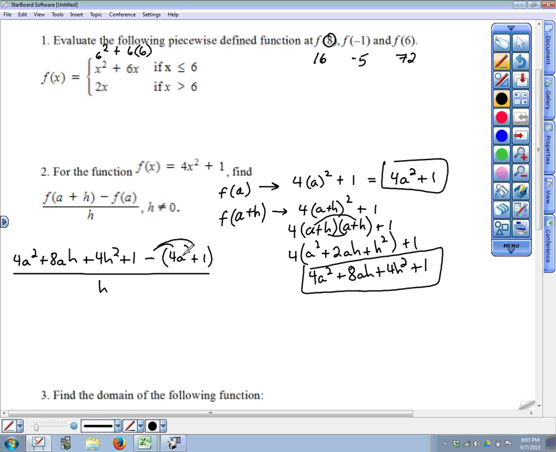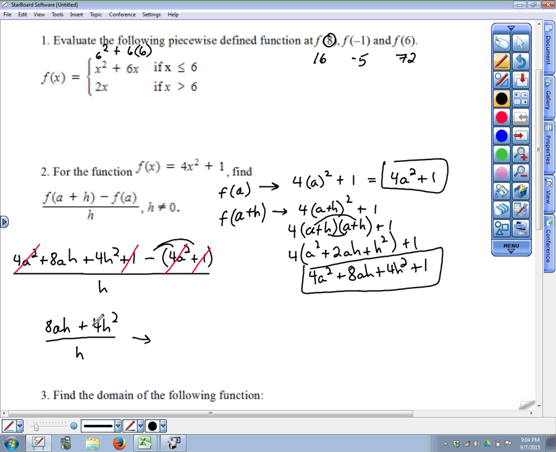So if you look carefully now, we're going to have a minus 4a squared. It cancels with that positive 4a squared. And then, remember this is really a minus 1 because we distributed that minus sign. So that minus 1 is going to cancel with that plus 1. So what we have now is 8h plus 4h squared all over h.